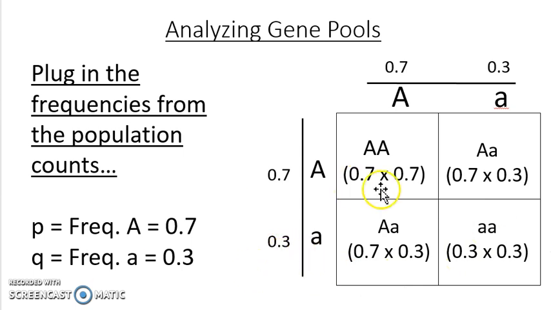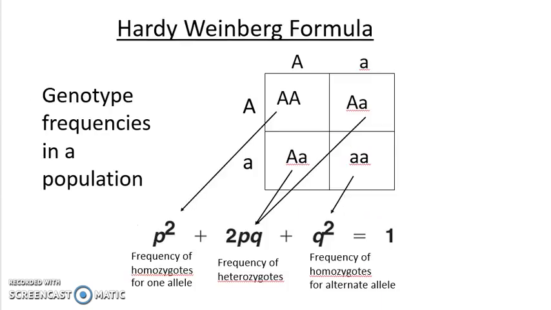So if you take this and think about what's going on in each of these boxes here for our Punnett square, now we can take a look at the frequencies of that genotype in your population right there. The frequency of these two alleles coming together and forming this individual. So there it is right there. It was that 70% times 70%, or we can just write it as the probability of that one allele that was there as a dominant is squared right there.